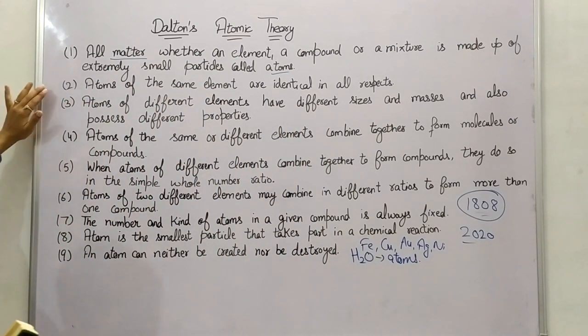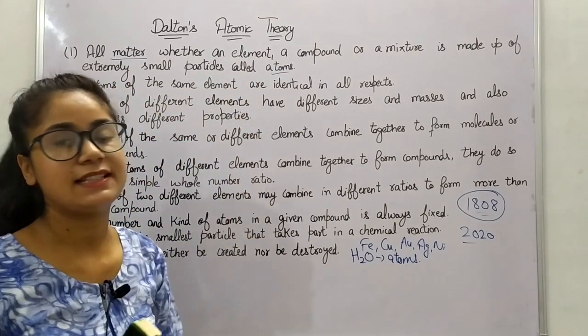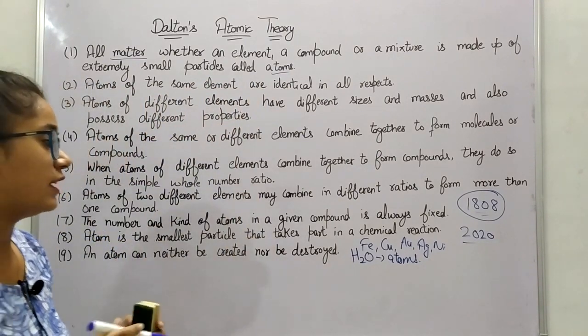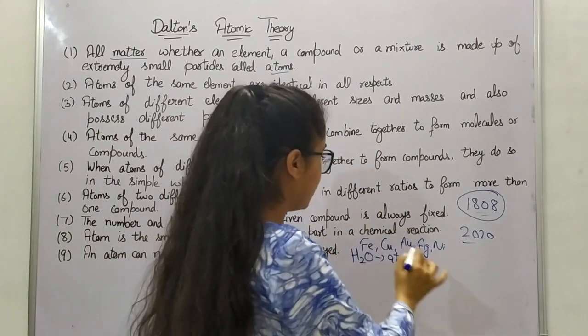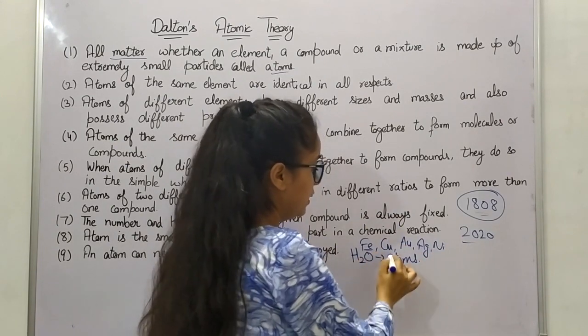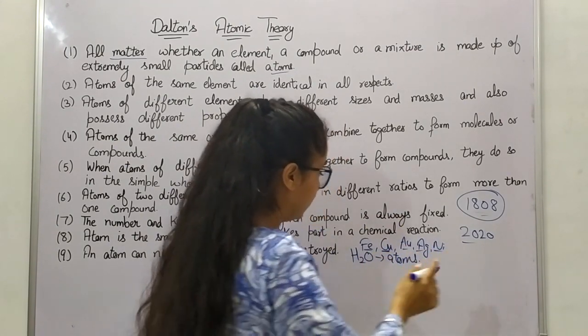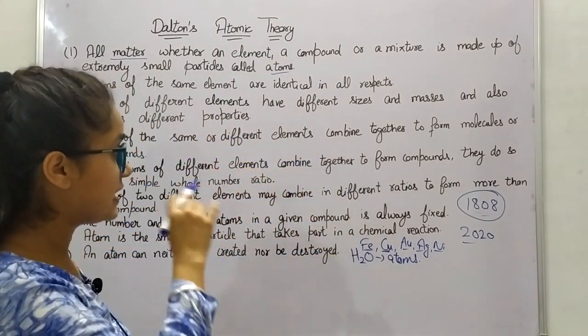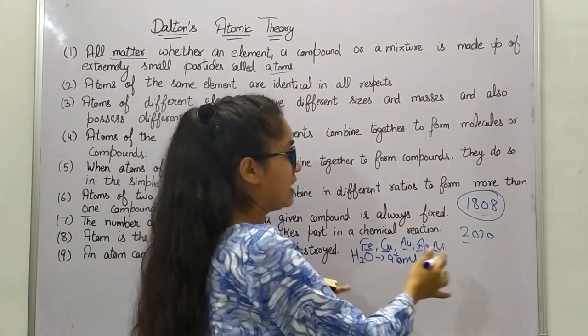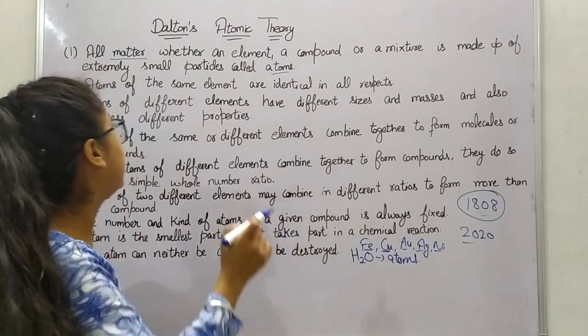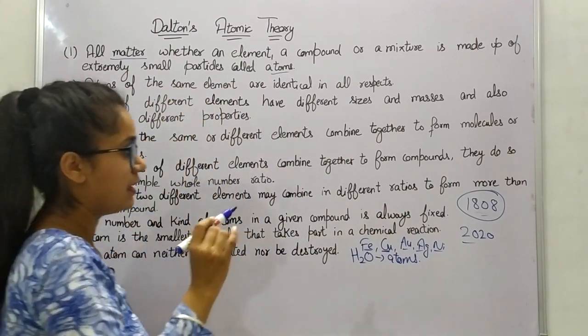Then the second postulate says that the atoms of the same element are identical in all respects. We had written some elements here: iron, copper, gold, silver, nickel, right? These are five types of elements, and the atoms of the same element are identical.